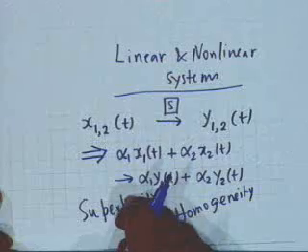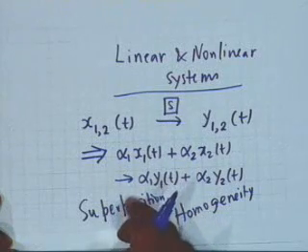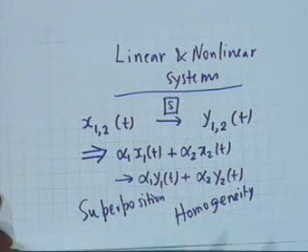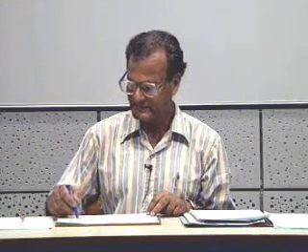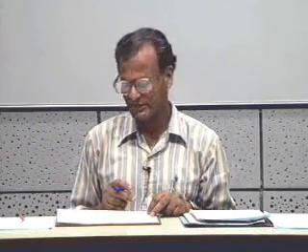So if you can prove that the system does not obey homogeneity, it is not linear. You don't have to test for superposition. On the other hand, if it obeys homogeneity, you have to test for superposition also in order to see whether the system is linear or non-linear. But this general test, which incorporates both superposition and homogeneity, should suffice.